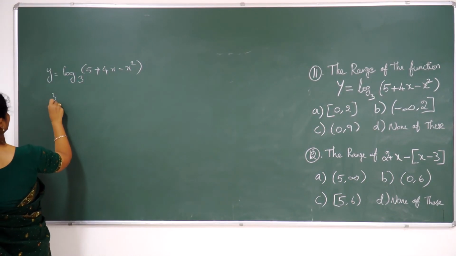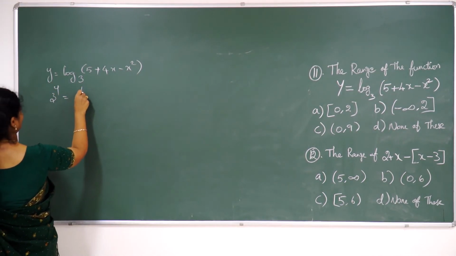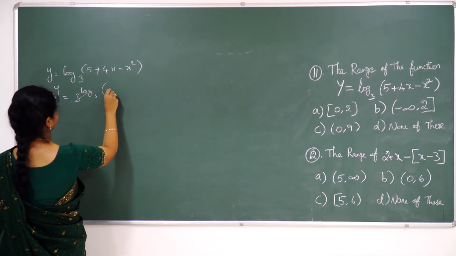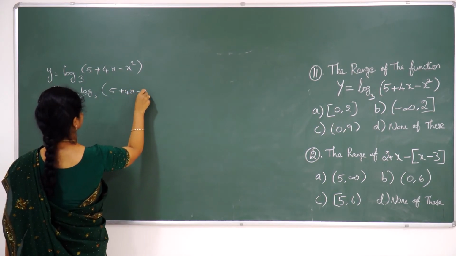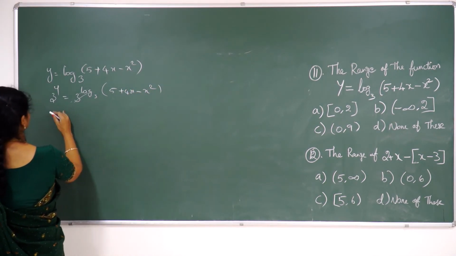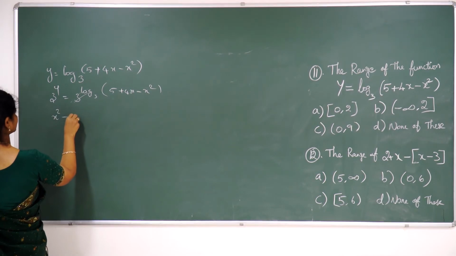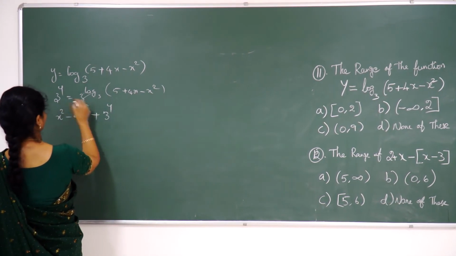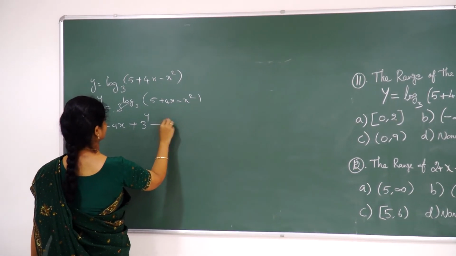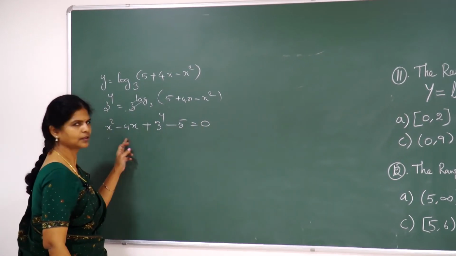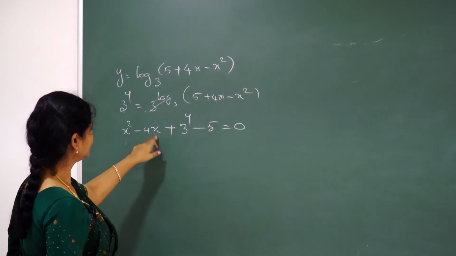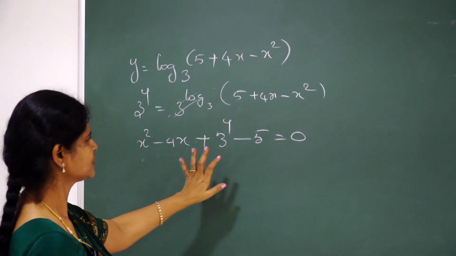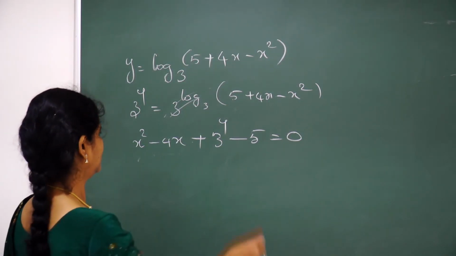So you get 3 power y, and 3 to the log base 3 cancels, leaving 5 plus 4x minus x square. Bring this term to this side. So x square minus 4x plus 3 power y minus 5 equal to 0. It is a quadratic equation in x. For x to be real, b square minus 4ac is greater than or equal to 0.